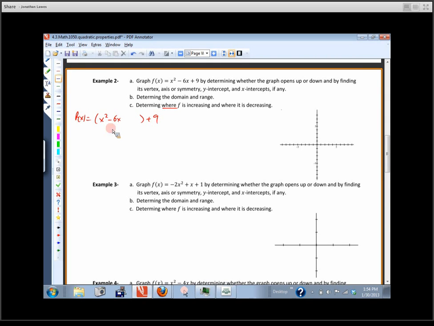Half the middle, yeah. You could if you notice that, okay? I want to do a little bit of practice completing the square, though. We'll point that out in just a second.